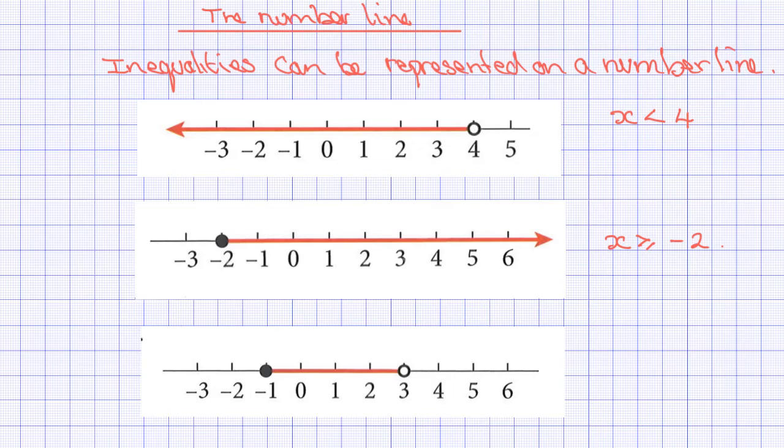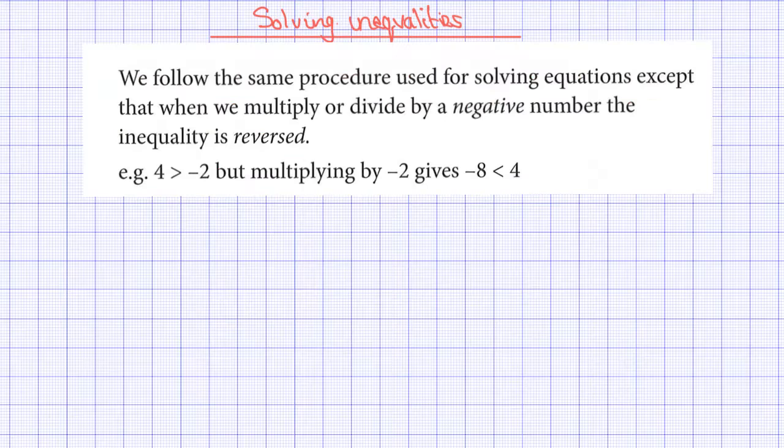You can also have an inequality between 2 points. So this one represents the inequality between -1, which is included, and 3, which is not included.